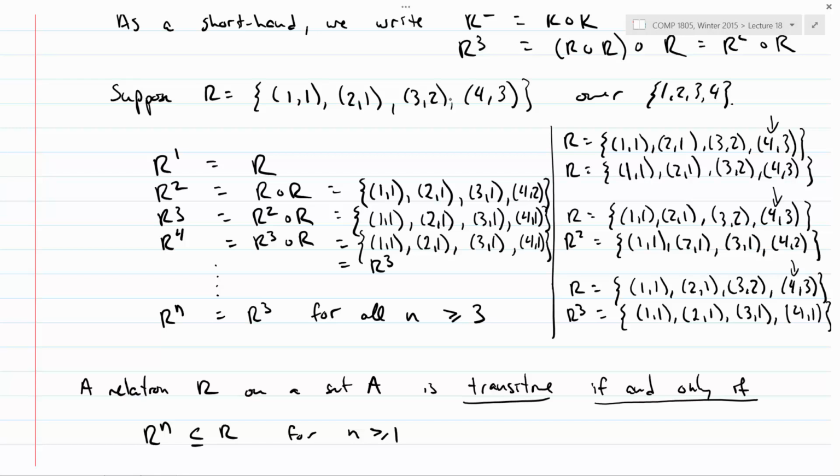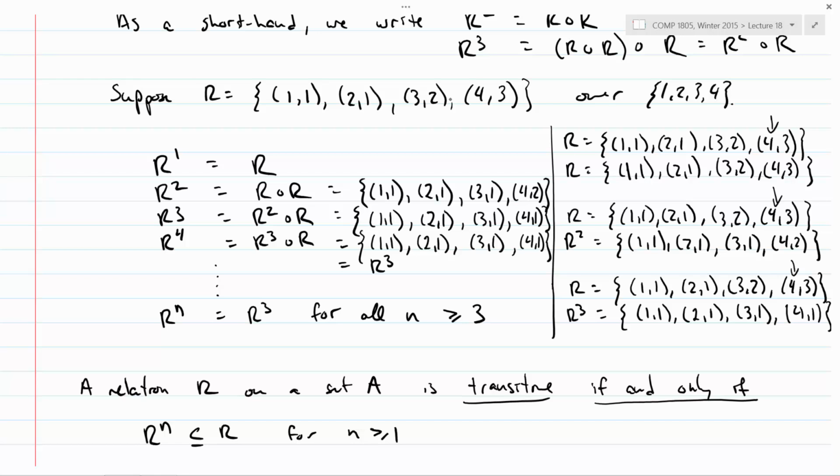Well, what's the largest number of middle elements you could have to go through? Any ideas? So this particular relation is on a set of size 4. It's not even that much. It's just the number of elements that you have.